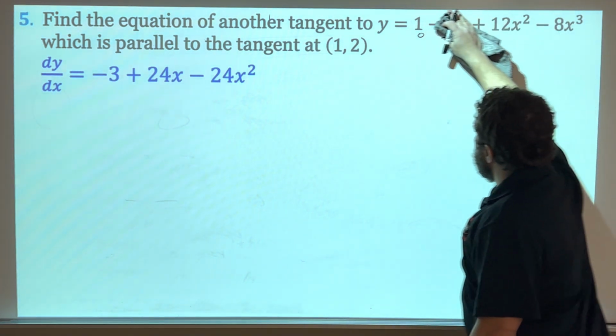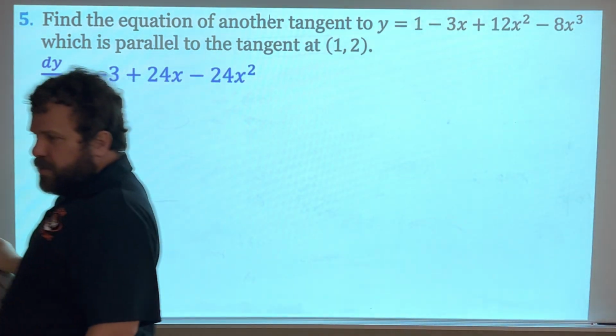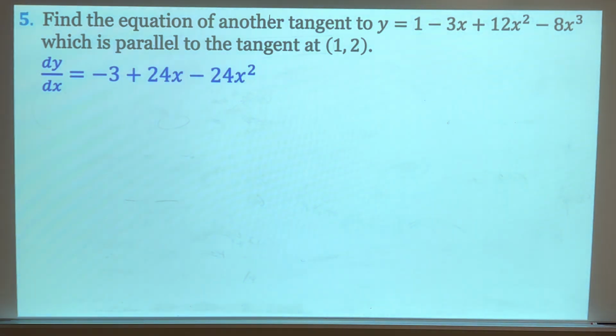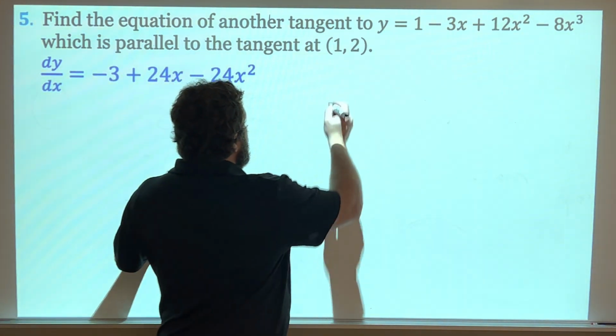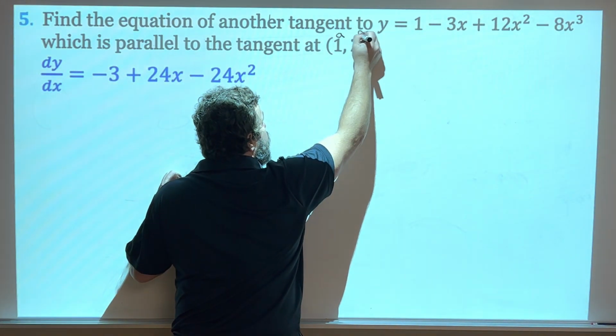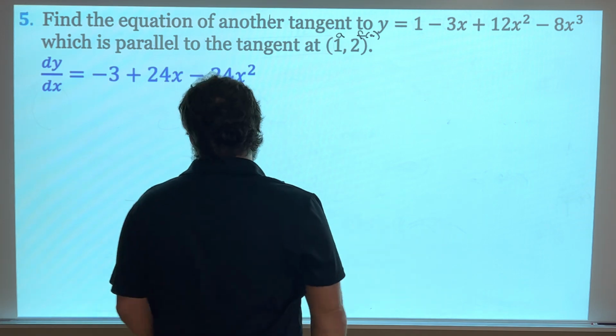Now parallel. What is parallel? Parallel means the gradient is going to be the same. So we have to first find the gradient at this point, and once we find it, we can find the parallel one. We have an a of 1 and f of a of 2.